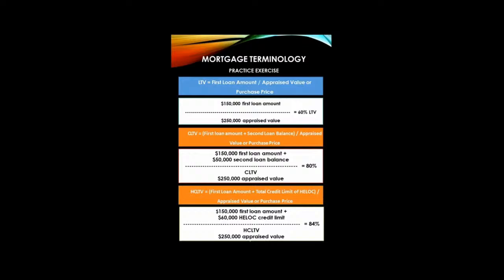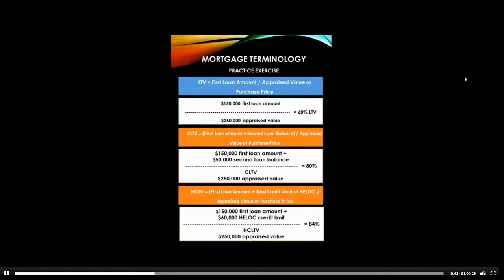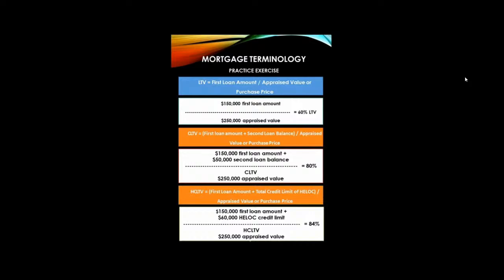If the house comes in less than the purchase price, the bank is only going to give you the loan based off the lower of the two, which is the appraised value. Typically the borrower does have to come up with the difference out of their own funds, and that portion can't be financed.